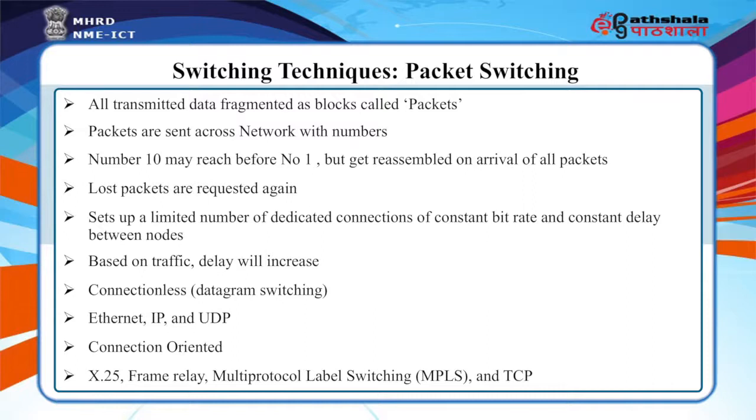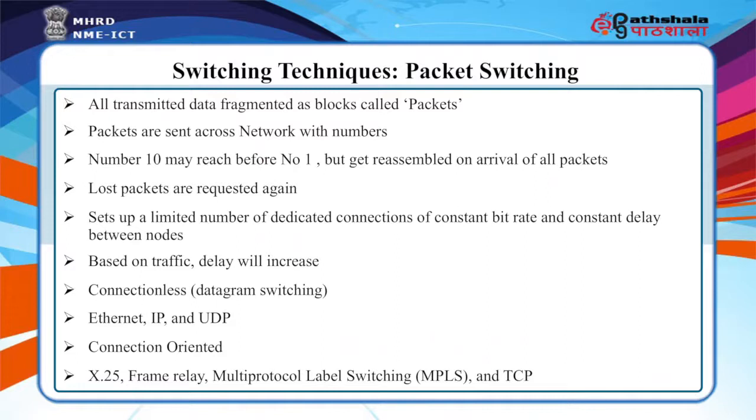If there is any lost packet, the lost packets are requested again. It does not set up a dedicated connection, unlike circuit switching with constant bit rate and constant delay between the nodes. This depends on traffic, and the delay will increase.